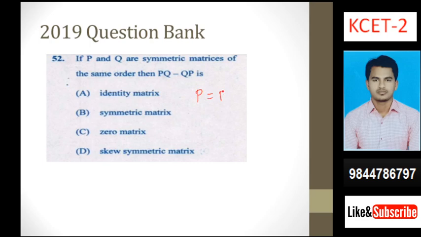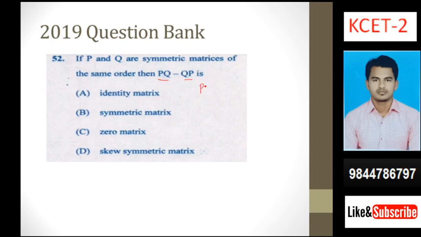P is a symmetric matrix and Q is also a symmetric matrix, then PQ minus QP means P dash and Q dash minus Q dash and P dash, or else the shortcut method is PQ and QP, that is interchanging rows and columns, isn't it?